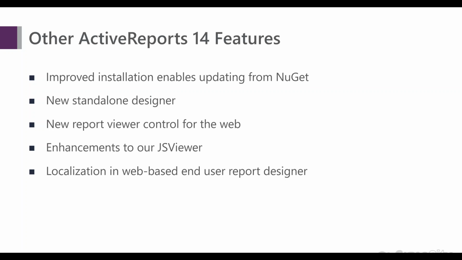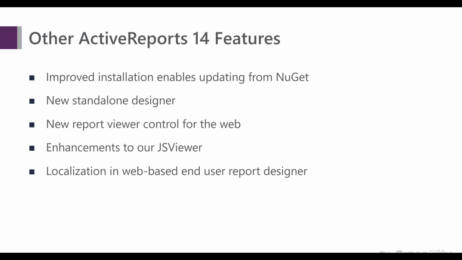And then finally, we made some enhancements to the web report designer, some of which Troy demoed. We also did some localization work for the web designer, so it can be extended to different cultures. And then we also improved the JS viewer as well, and most notably of those improvements is the text search.